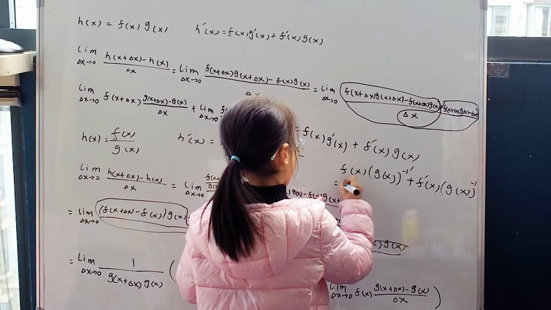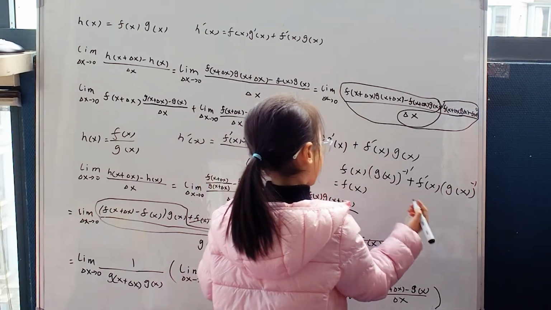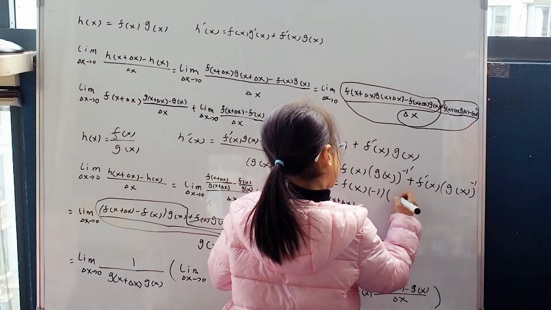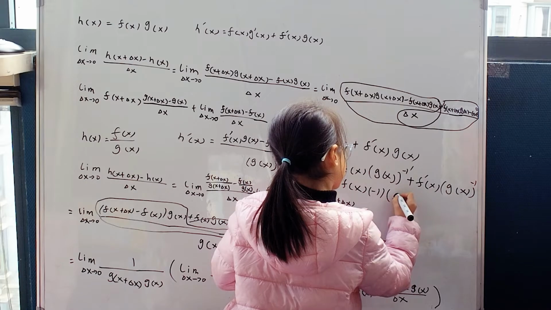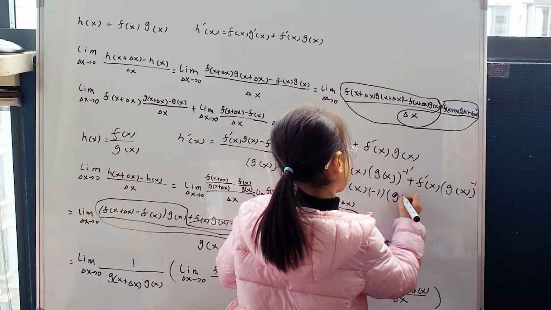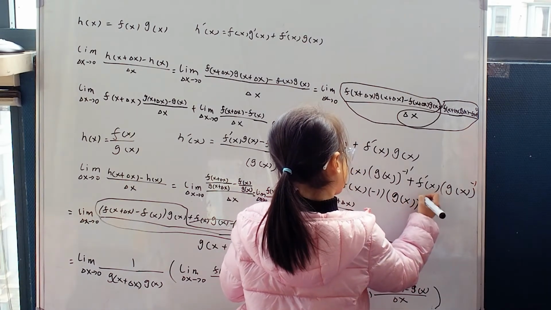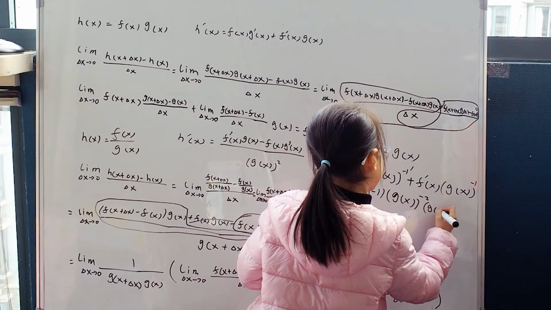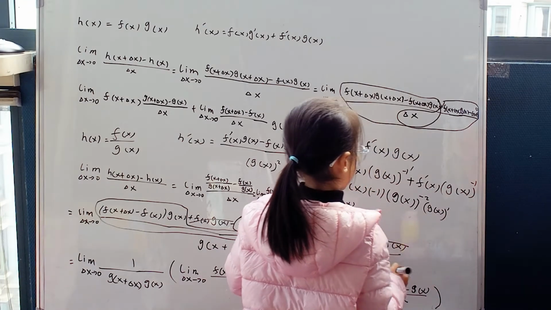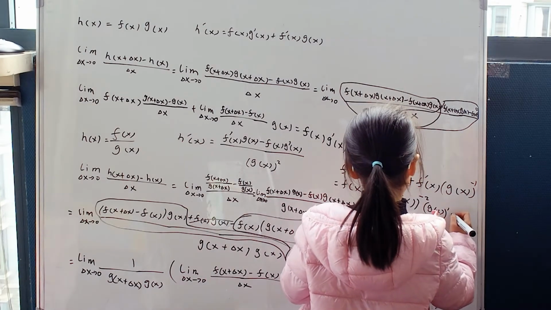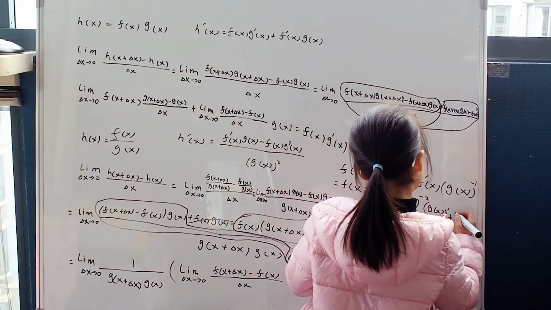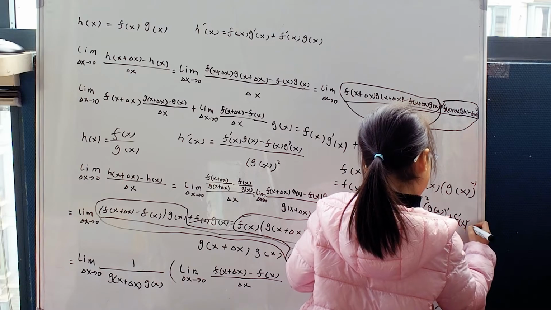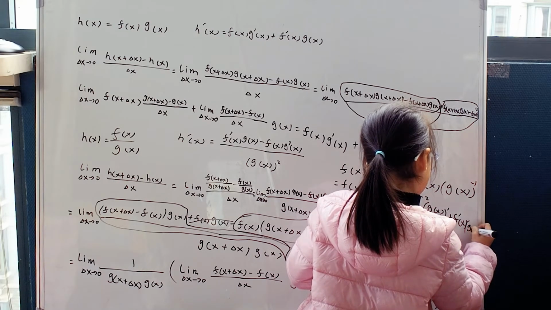So it equals f of x times negative 1 times g of x to the negative 2 times g of x derivative, plus f of x derivative times g of x to the negative 1.